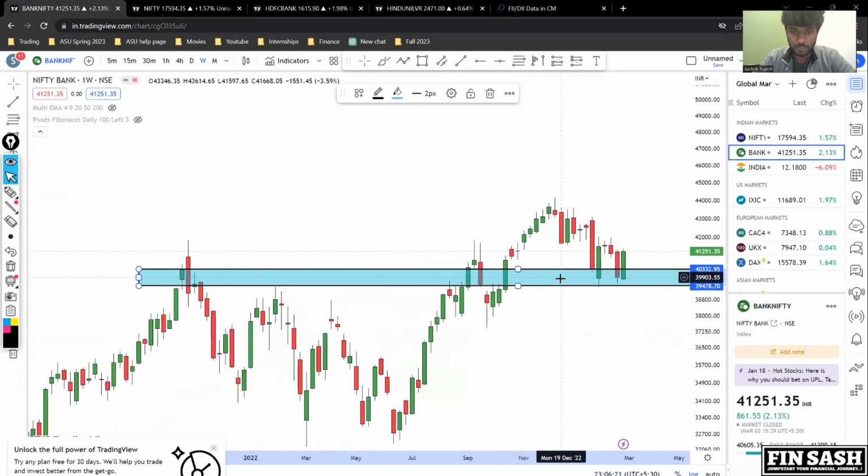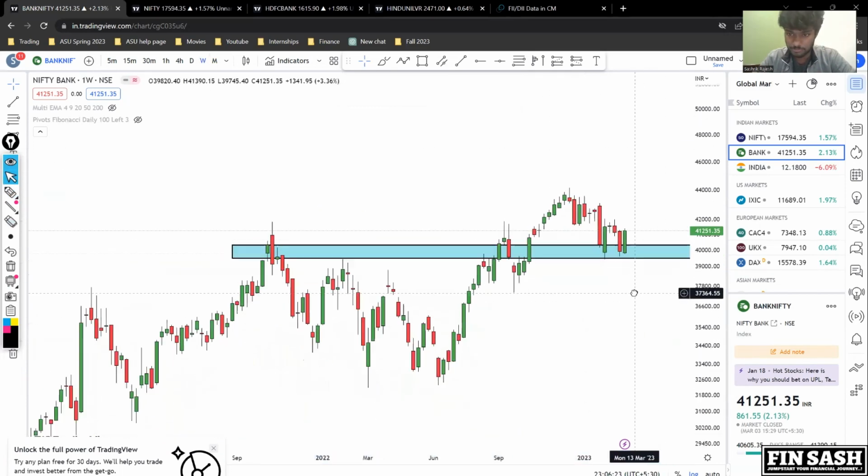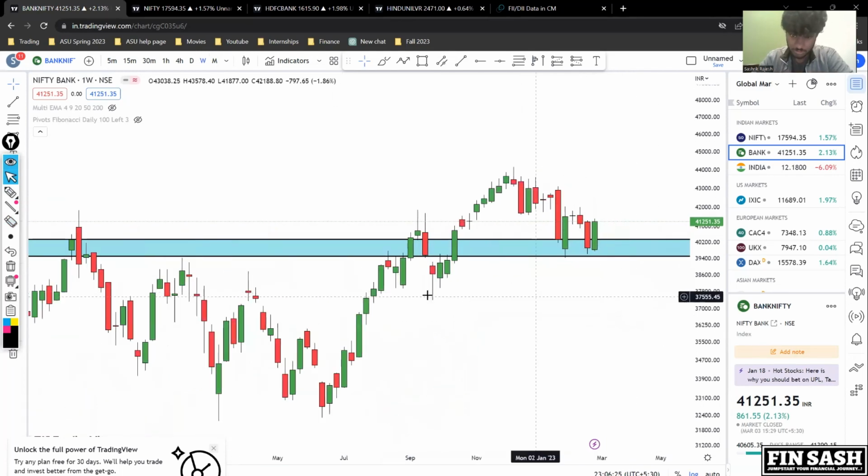Moving on to the weekly time frame. There's nothing much we can derive from here except the fact that it's been following a lower lows and lower highs pattern, but again the movement has been the same.